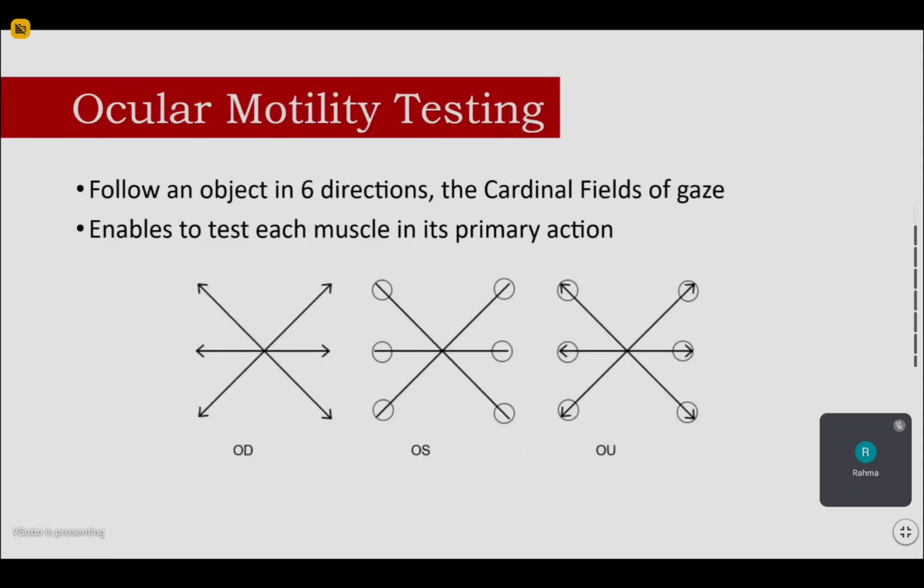So we have to instruct the patient to move the eye in all six directions, and we usually use an object for the patient to follow. So we ask the patient to look upward and left, upward and right. Ask the patient to look right and left and down, both also for right and left.